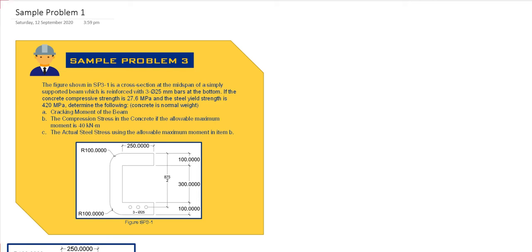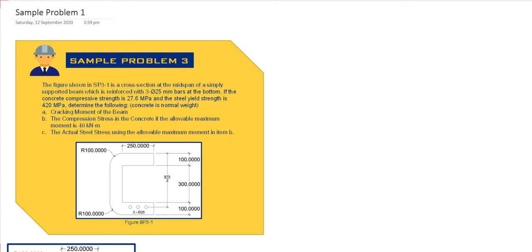So the figure shown in SP3-1 is a cross-section at the midspan of a simply supported beam which is reinforced with T diameter 25 mm bars at the bottom. If the concrete compressive strength is 27.6 megapascal and the steel yield strength is 420 megapascal, we are asked to determine the following.